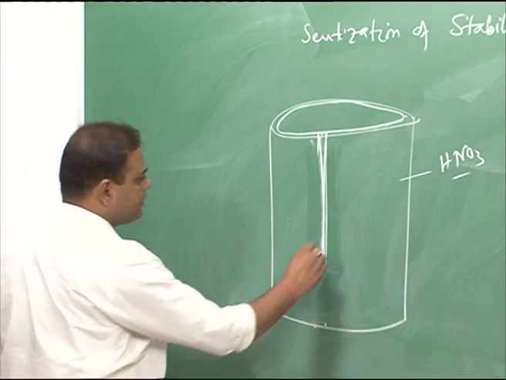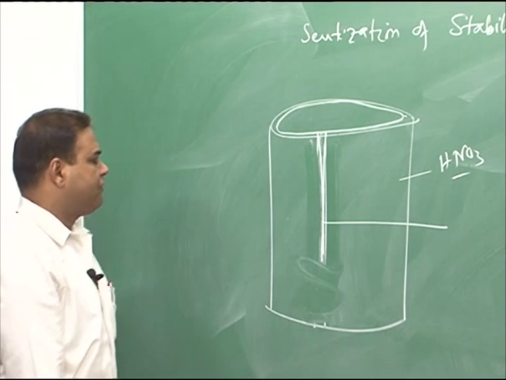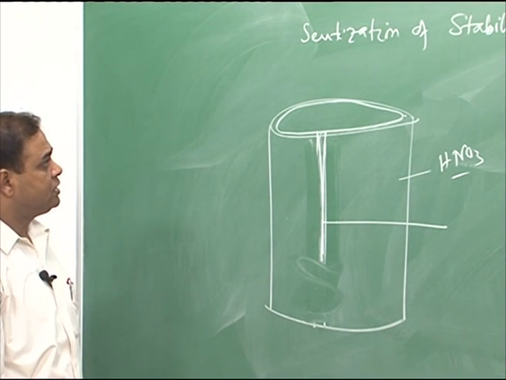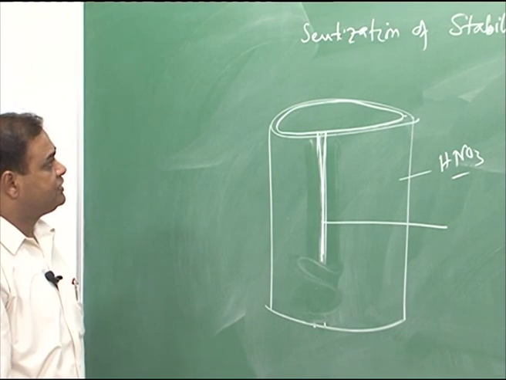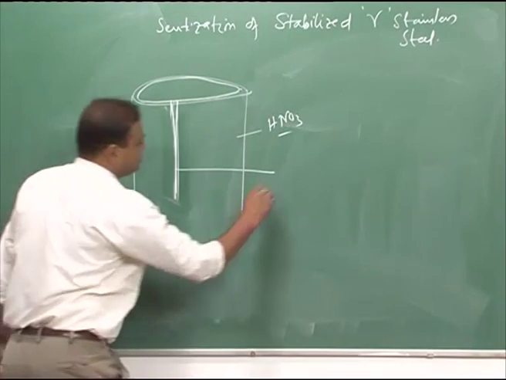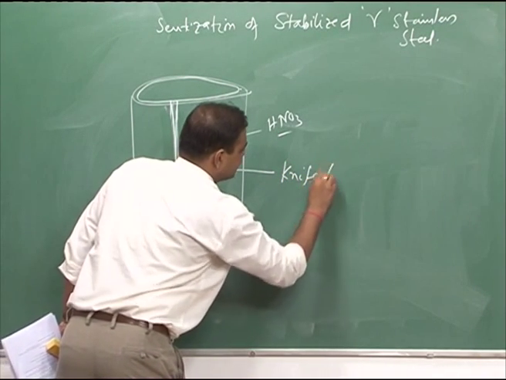So, this particular process, a sharp crack formation due to intergranular corrosion in a stabilized stainless steel drum, is called knife line attack.